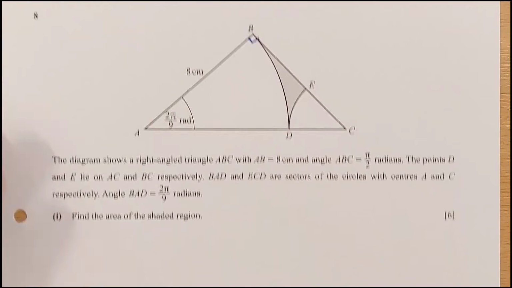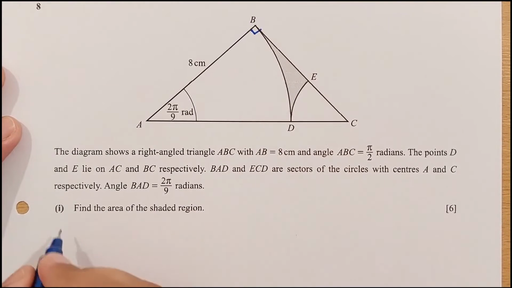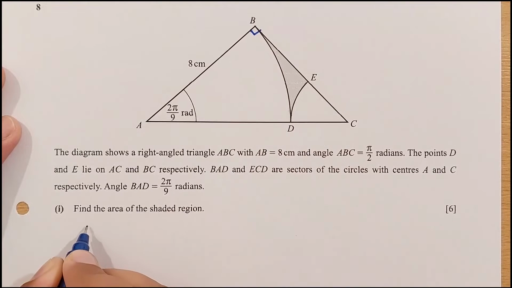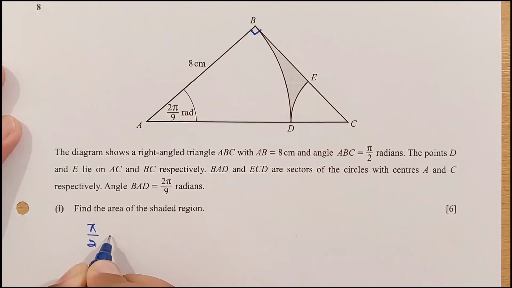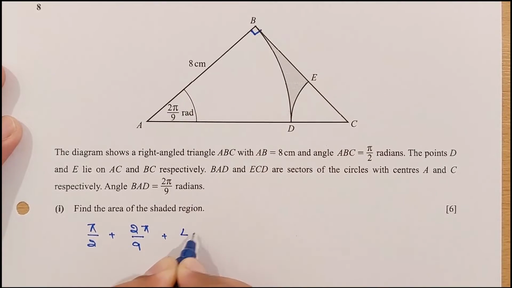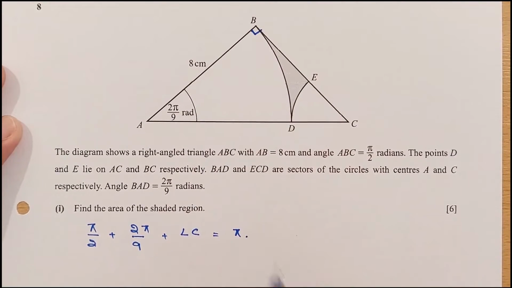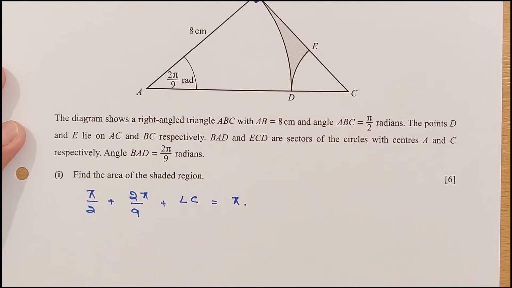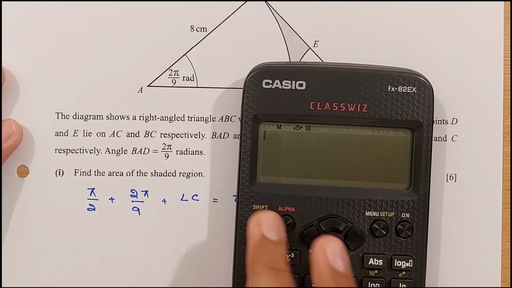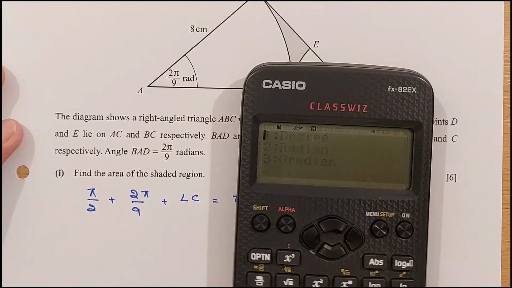Let me find the third angle of the triangle first. The sum of all angles of a triangle is equal to 180 degrees, or we can say pi. So pi by 2 plus 2 pi by 9 plus angle C, the sum is equal to pi, right? So let me solve for the angle. This is converted into radians, right?